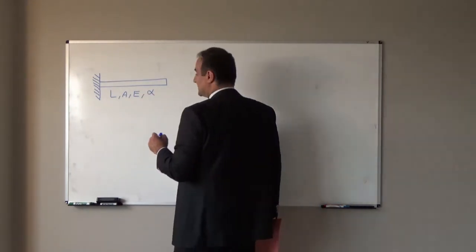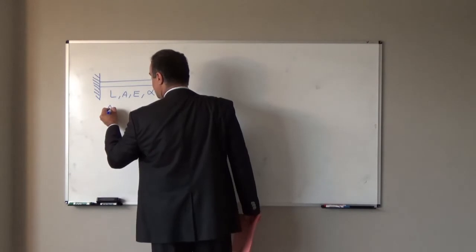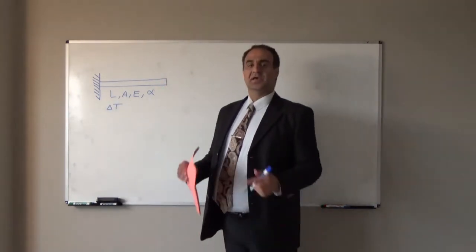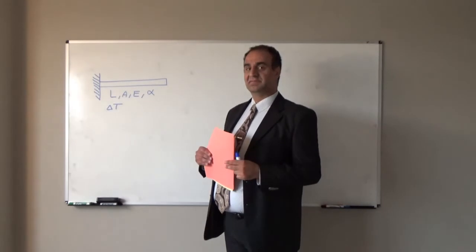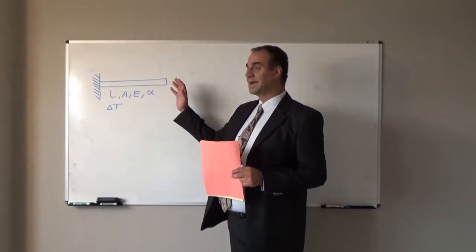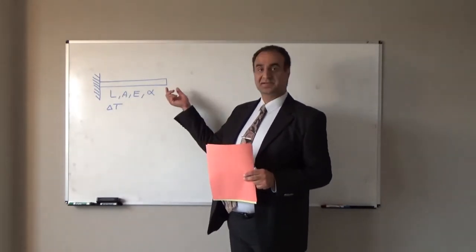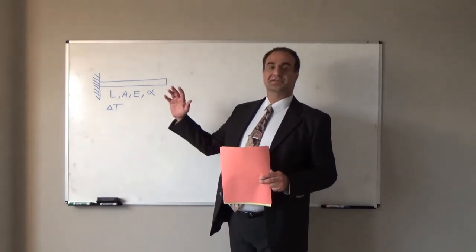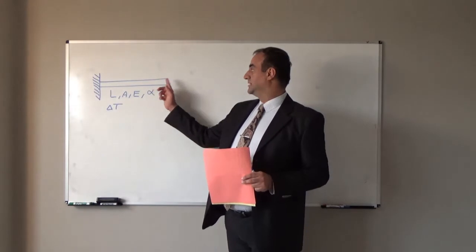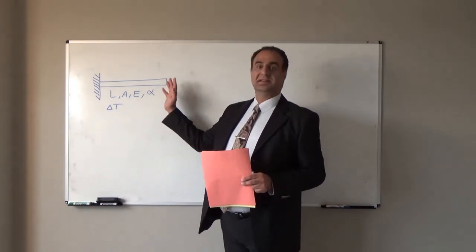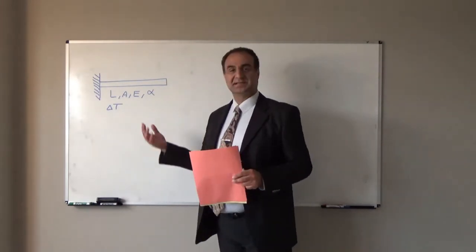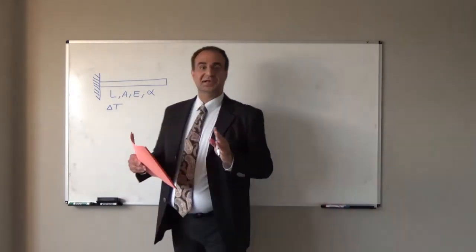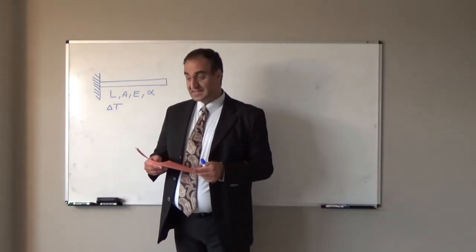I increase the temperature by delta T. If I increase the temperature, we will have expansion, we will have deformation, and size will increase. If I decrease the temperature by delta T, we will have contraction. Instead of increasing, the length will decrease. It is the same thing, no problem in the behavior, only the direction of the deformation is different.